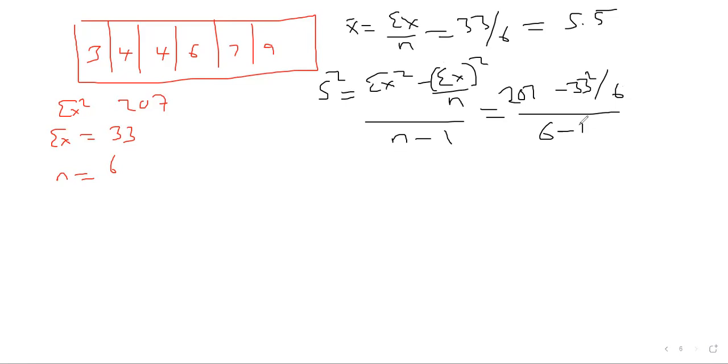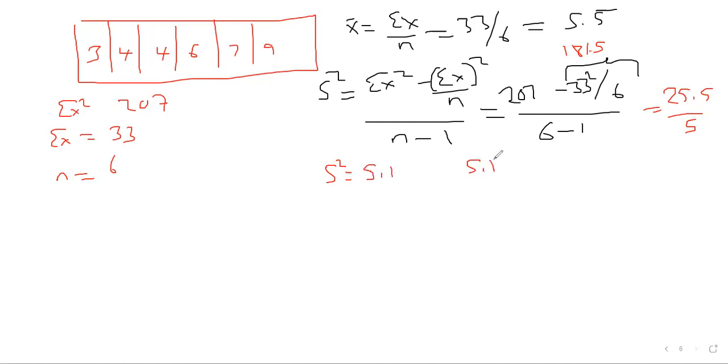The 33 squared divided by 6, done separately, gives 181.5. So 207 minus that answer gives 25.5. When you divide this by 5, our variance is 5.1.